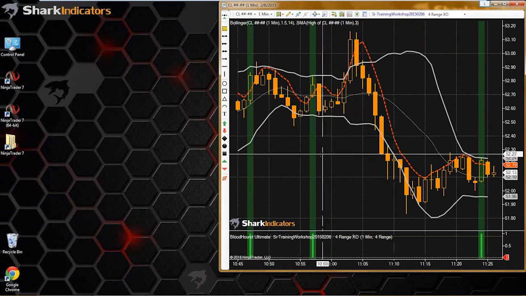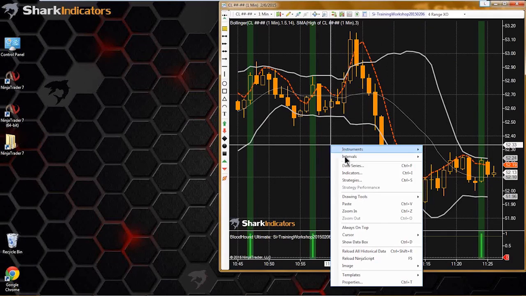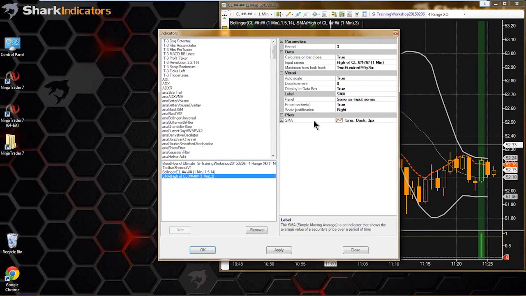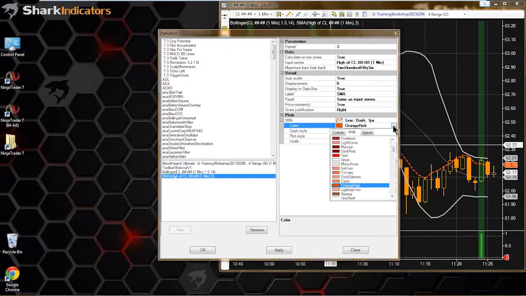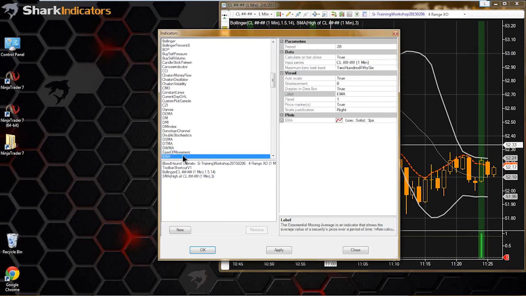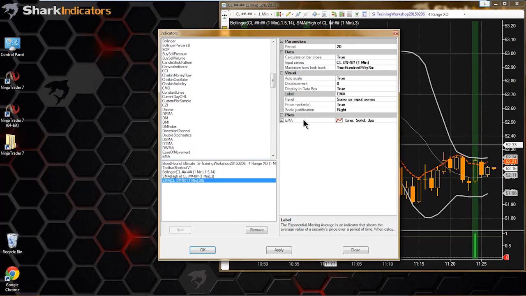And let's see. So let me add another moving average on here. So I'm going to take this one, fade it out a little bit. Okay. All right, so let's add an EMA on here. How about an EMA 55?